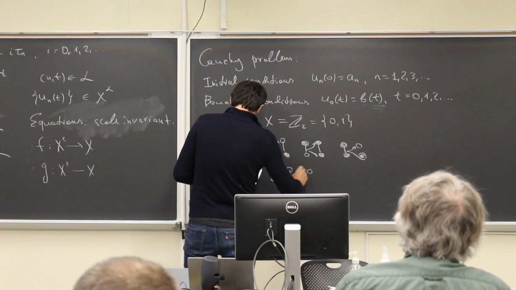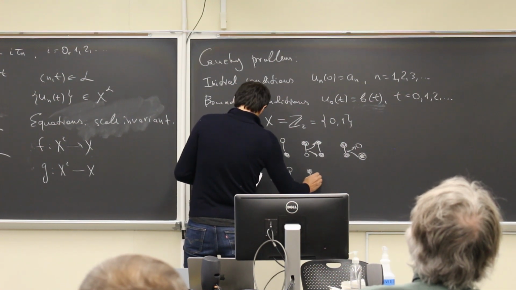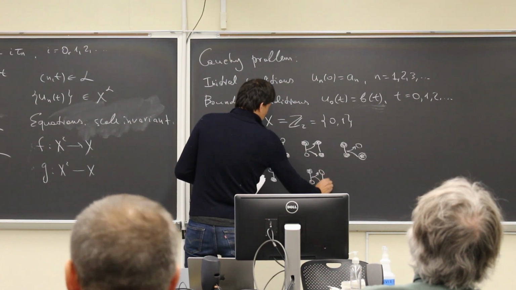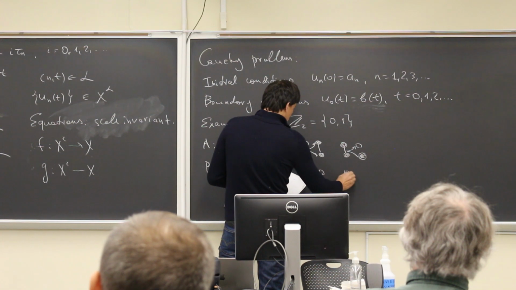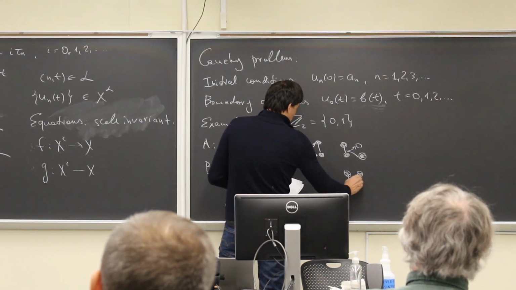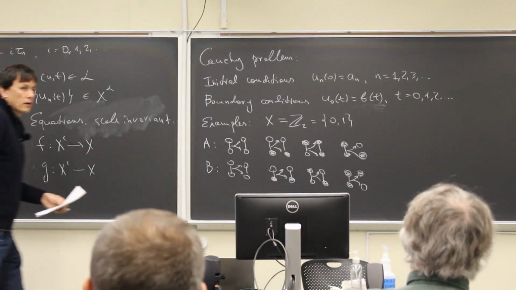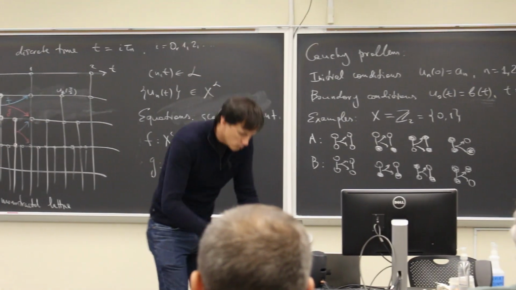And the others will be different. 1, 0 gives you 0, 1. So this interaction is different, and this interaction will also be different. And then you add in Z2, so 1 plus 1 is 0.